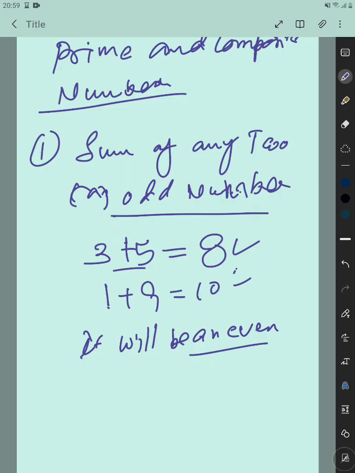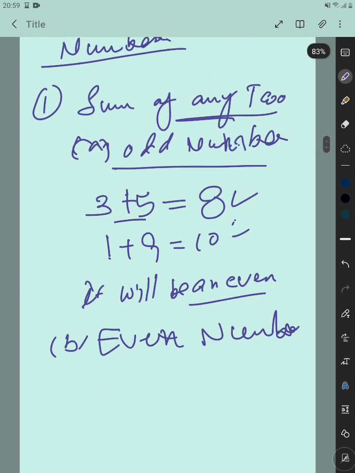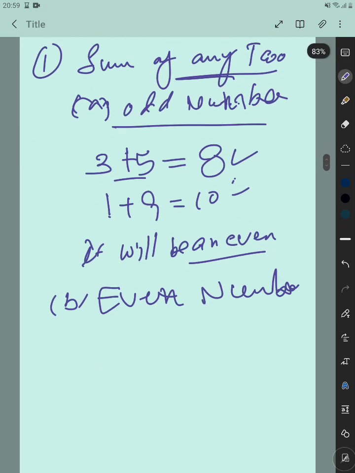And the b part is, what is the b part? Sum of any two even numbers. So this will also be an even number. Sum of any two even numbers will also be even. Take the example of 2 plus 4, which is 6, and 10 plus 20 equal to 30.